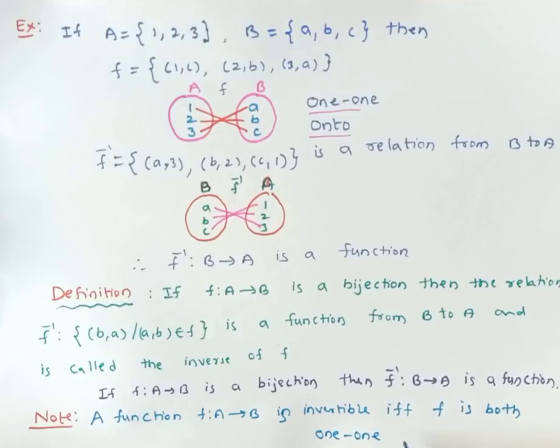So simply remember, only if it is both one-one and onto does it have an inverse. So for the function f, the inverse exists if and only if it is both one-one and onto.